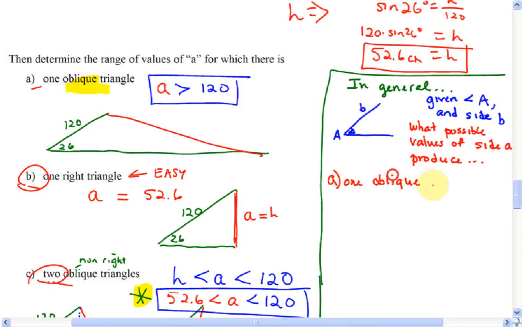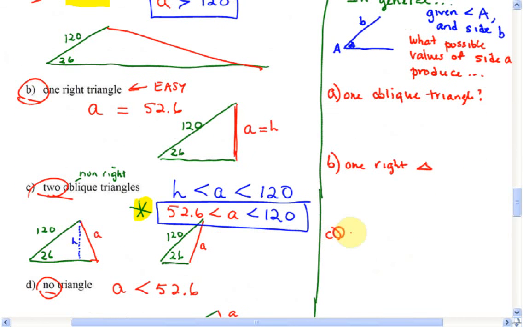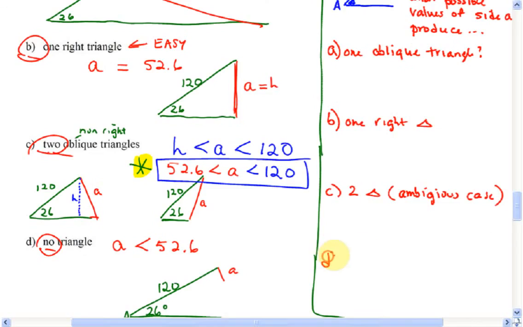One oblique triangle, and then leave some space. One right triangle, leave some space. Two triangles, and this is what I call the ambiguous case, meaning there's two triangles. And then D, no triangle.